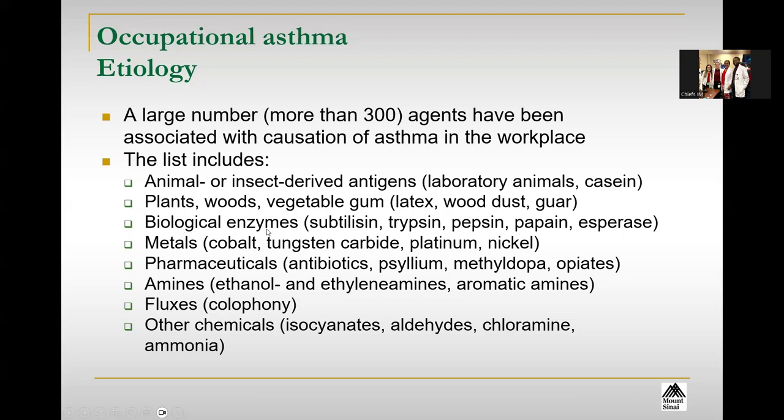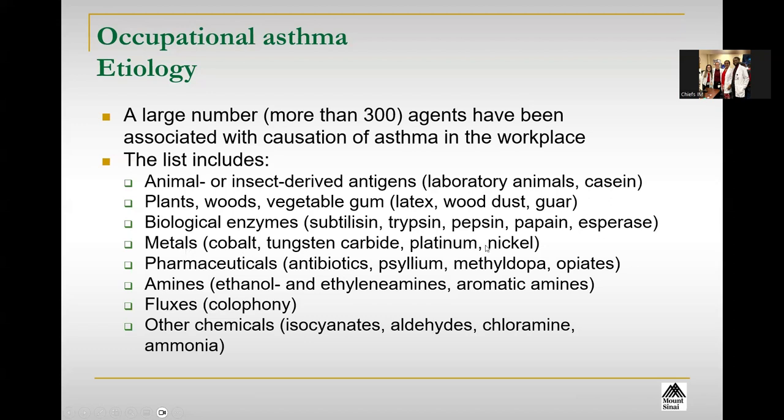In industry, biological enzymes are extensively used, and I'll just give you an example. For example, the enzymes that are used to enhance detergents for laundry; a wide variety of enzymes were very well documented to cause occupational asthma. But in other pharmaceutical processes, they are also used.